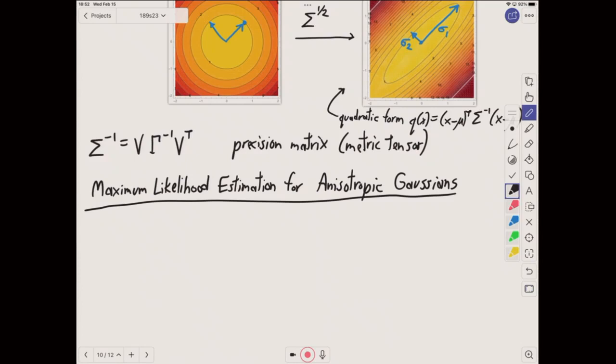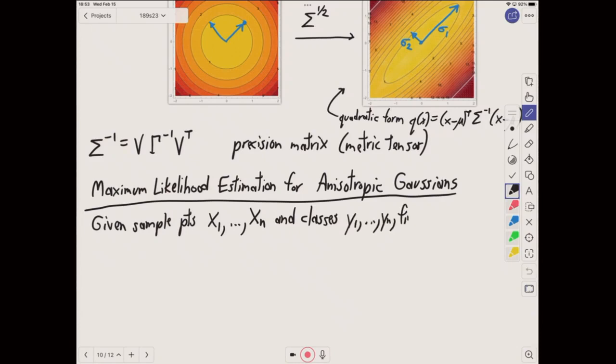Well, I assume that you're given some sample points, x1 through xn, and class labels, y1 through yn, and you want to find the best fit normal distribution for each of those classes.